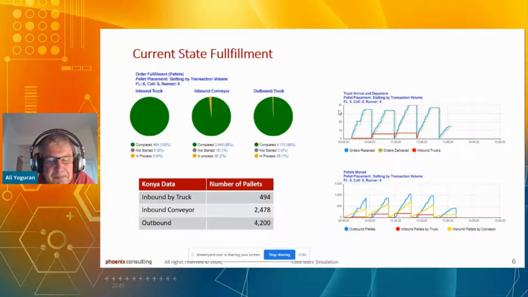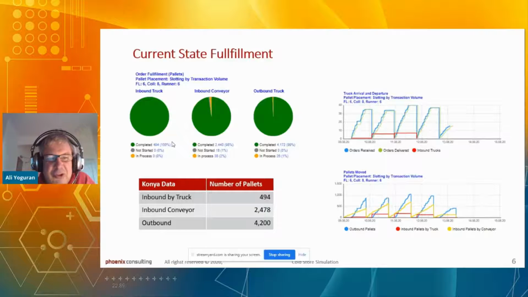We ran the model, and of course we verified it with the real uploaded data. These are the number of pallets brought in by inbound trucks, brought in by the inbound conveyor from the factory, and these are the number of pallets loaded to the trucks. And we checked that the model really does the job.